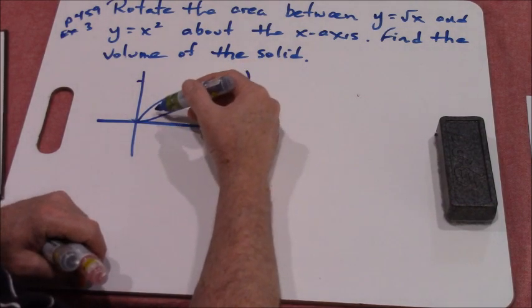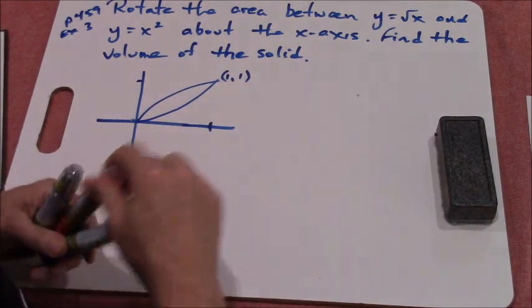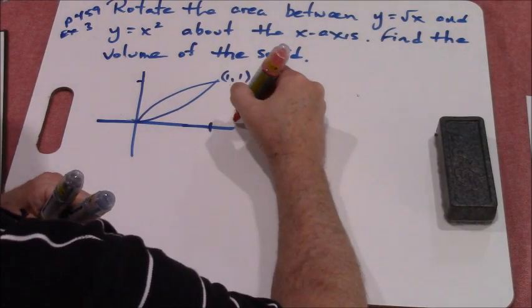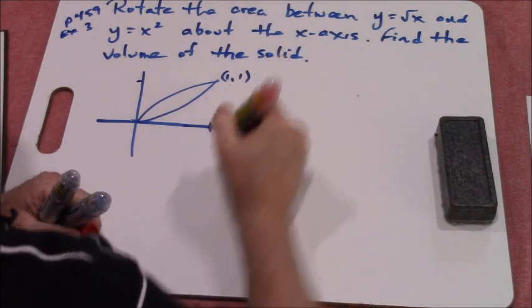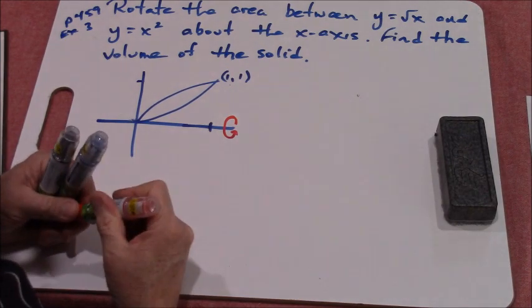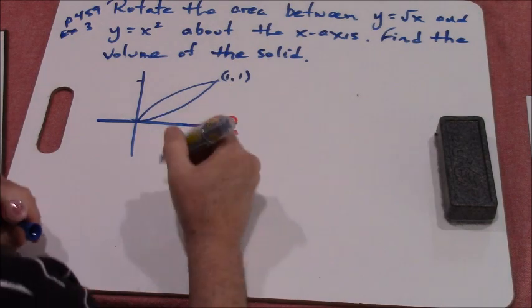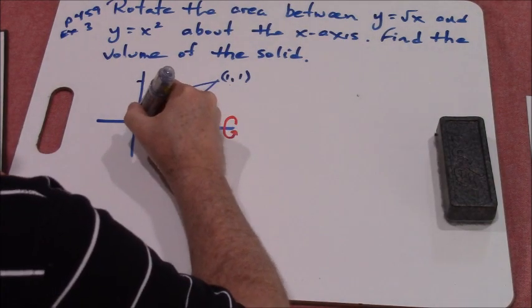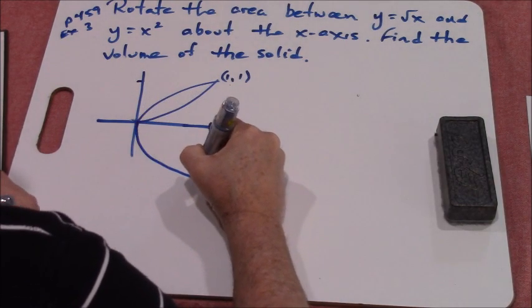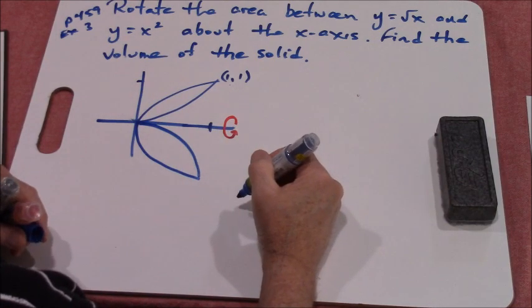And so what we're doing is we're taking this area right here between the two curves and we're going to rotate that around the x-axis, or about the x-axis. And so once I do that, I'm going to get a shape that looks like this. So here's the square root getting rotated. Here's the parabola getting rotated.